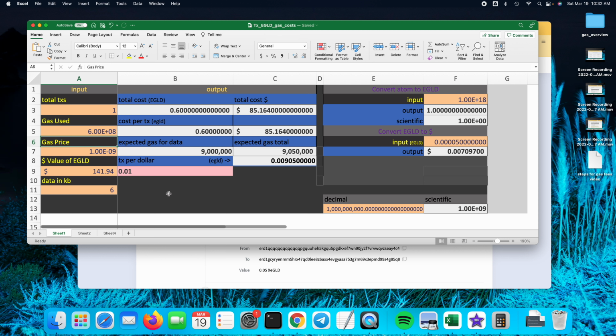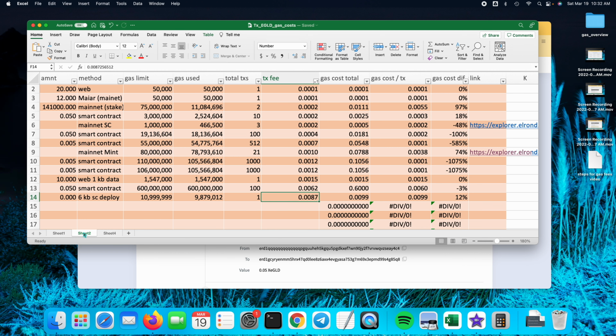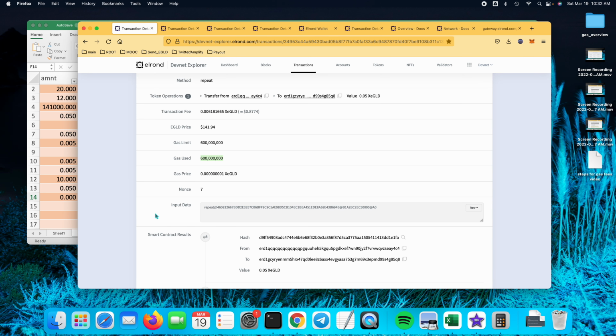And if you could imagine, if Elrond gets up to $1,400, you're looking at an $850 transaction cost. Ouch, right? So you do need to be watchful of your gas price.